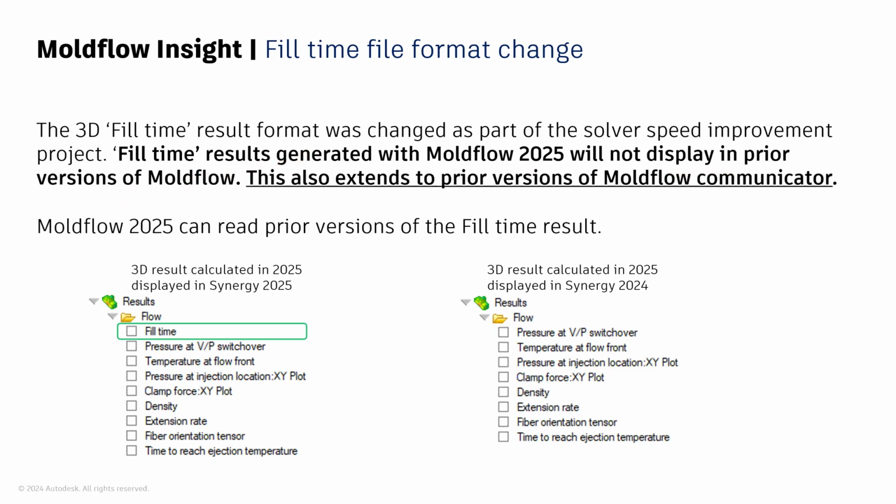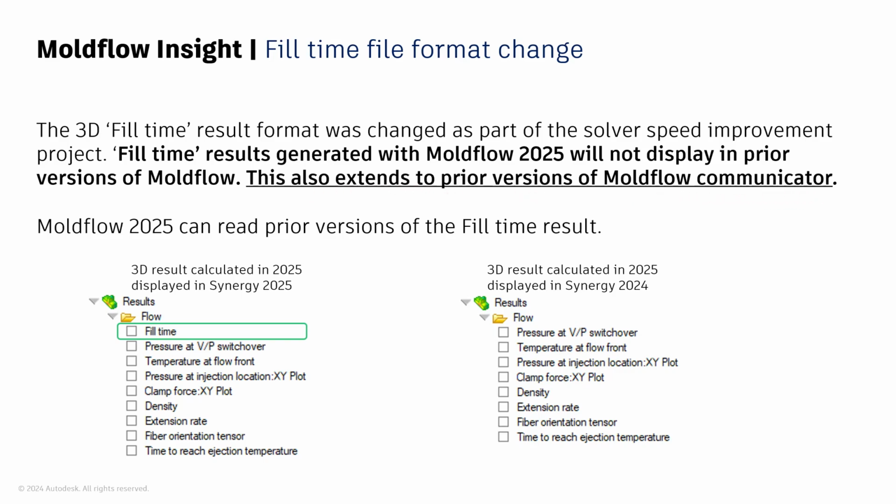I know that many companies and organizations use the current version as well as the legacy version. So the results run in the current version, particularly the fill time, will not be visible in Synergy 2024 or 2023 or any of the earlier versions. That applies to Communicator as well.